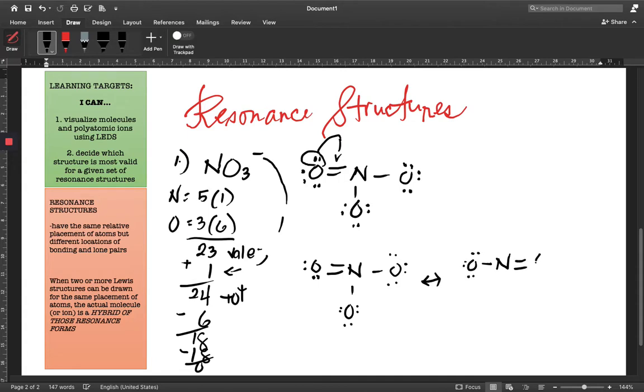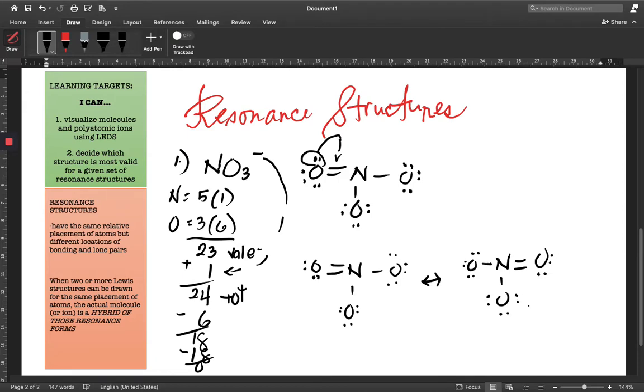So here O, and then this has 1, 2, 3, 4. It's just like getting this pair of electrons and placing it on nitrogen, and then O here. That is also another valid depiction for the nitrate ion.